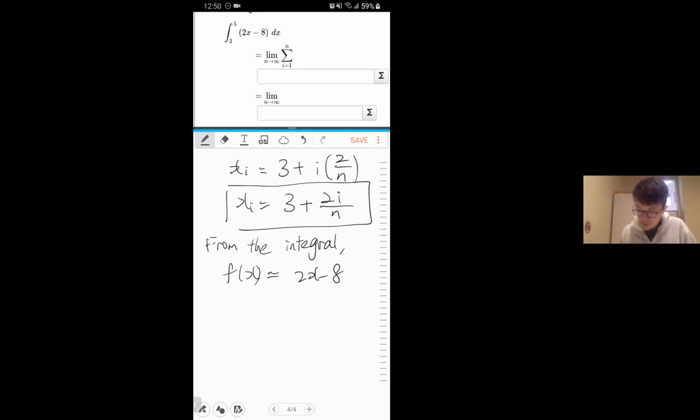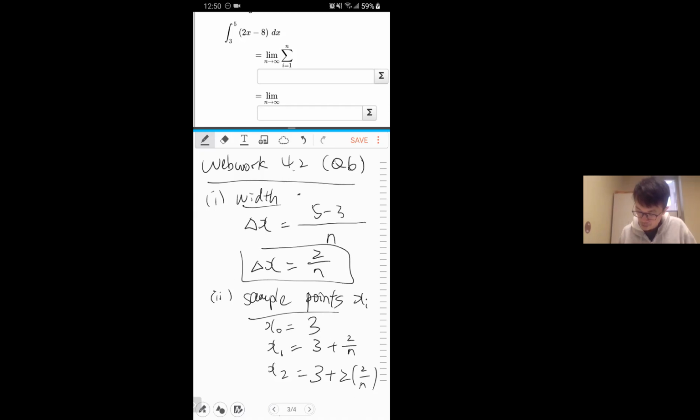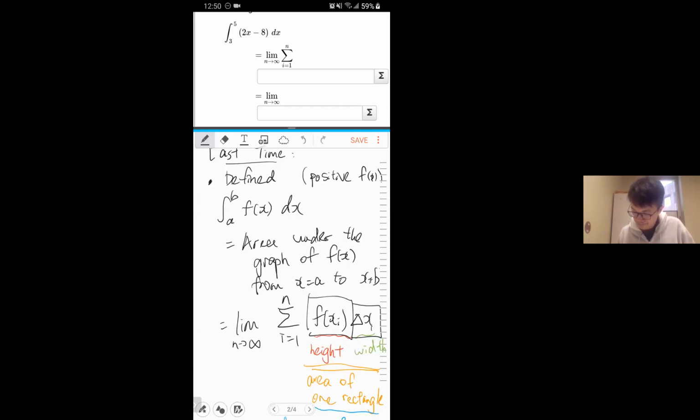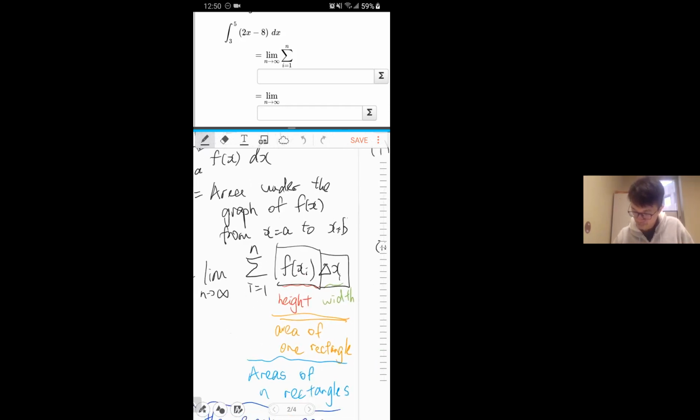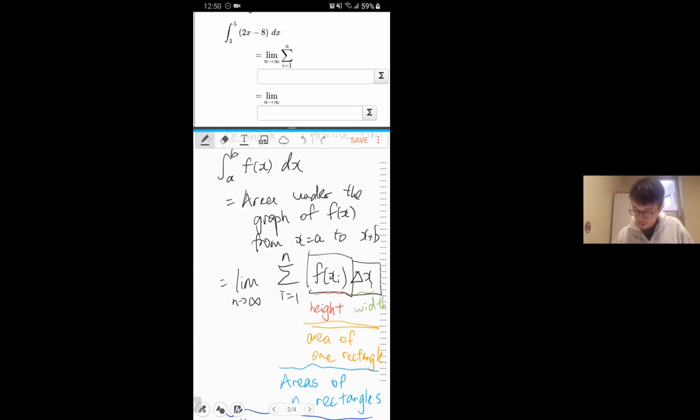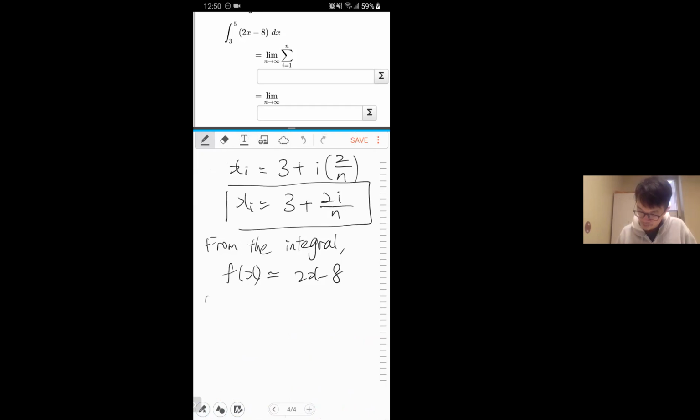Okay, and remember this formula right here. So let me rewrite this. So remember that we have this formula.